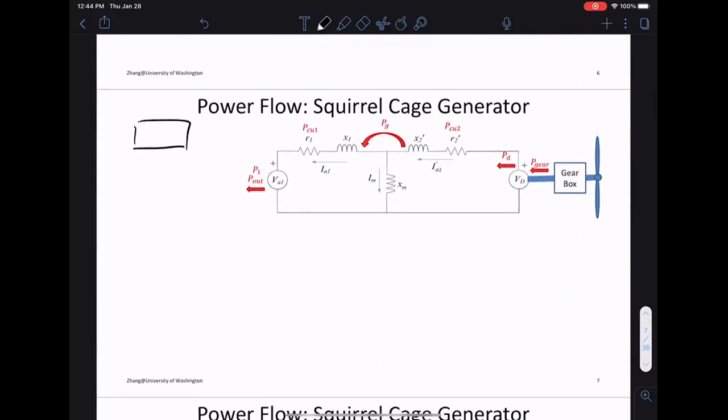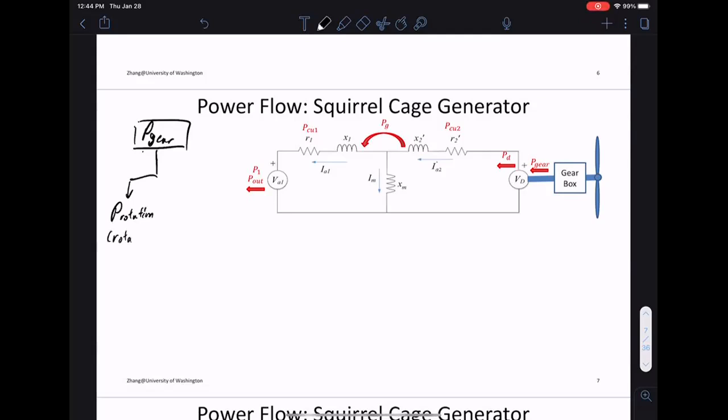When we start, let's say we have the P gear. We start with the power from the gearbox. This splits into two parts. One part goes to something called P rotation.